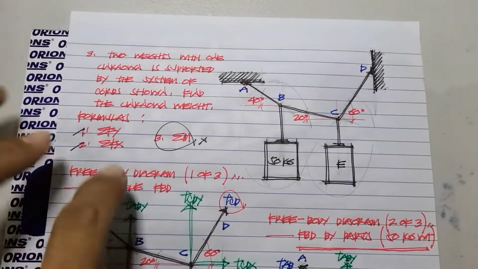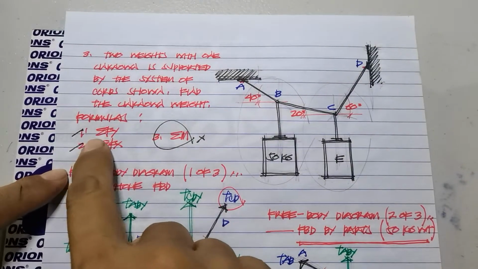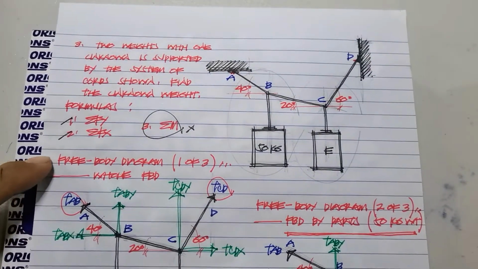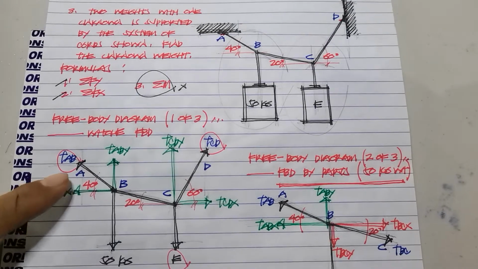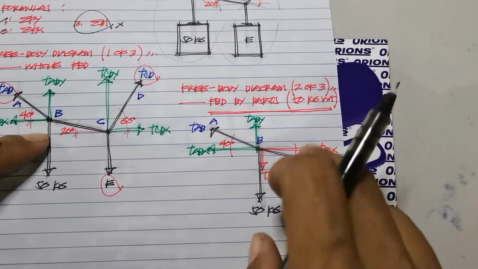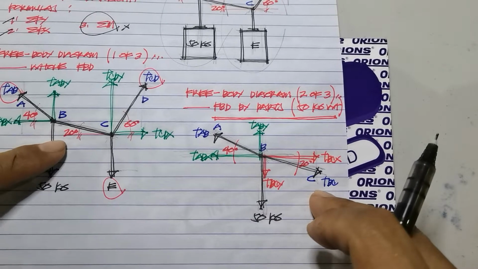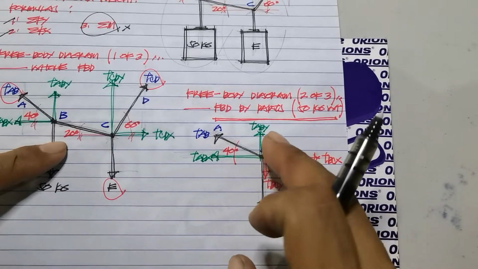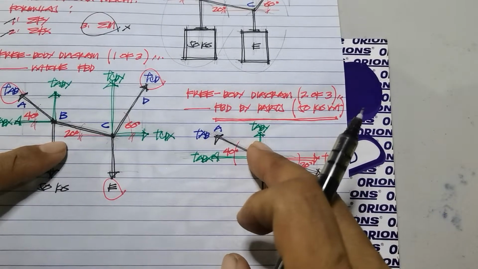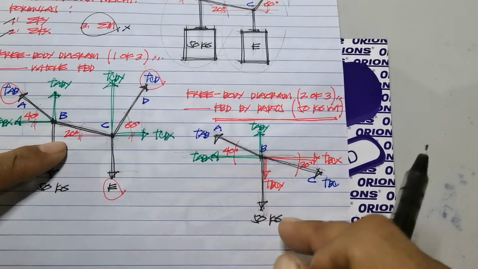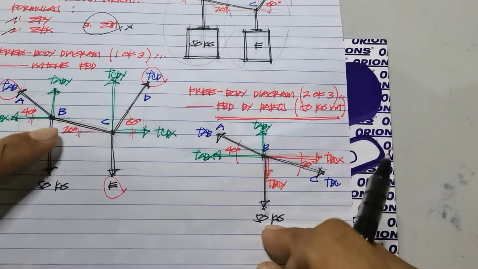Again, there are only two possible formulas we will use: the vertical equation and the horizontal equation. Let's do the vertical equation first. Upon closer scrutiny of the configuration, with the vertical equation, you have 3 forces: TAB of Y, positive, TBC of Y, negative, and 50 going down, also negative.